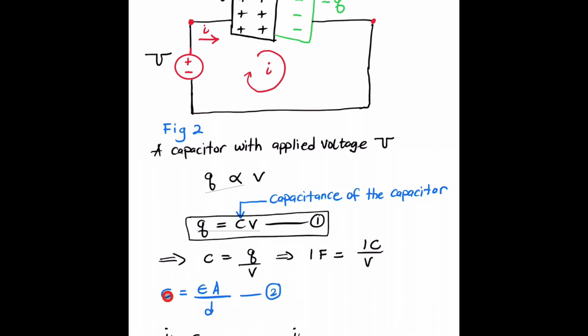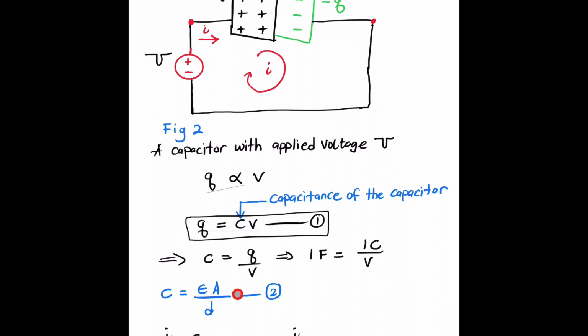So the value of this capacitance depends on the physical properties of the capacitor. And equation 1, we got from up here, that the charge per plate is proportional to the potential difference applied.